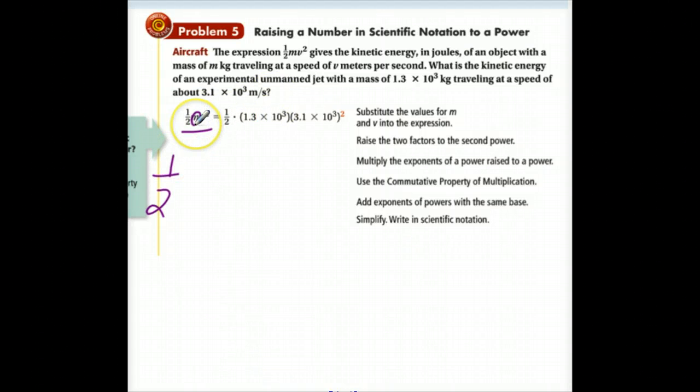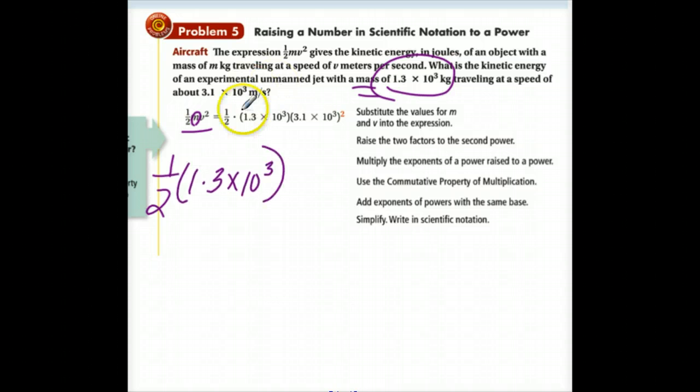Our m value, mass in kilograms, is 1.3 times 10 to the 3rd. And our v squared, 3.1 times 10 to the 3rd, squared.